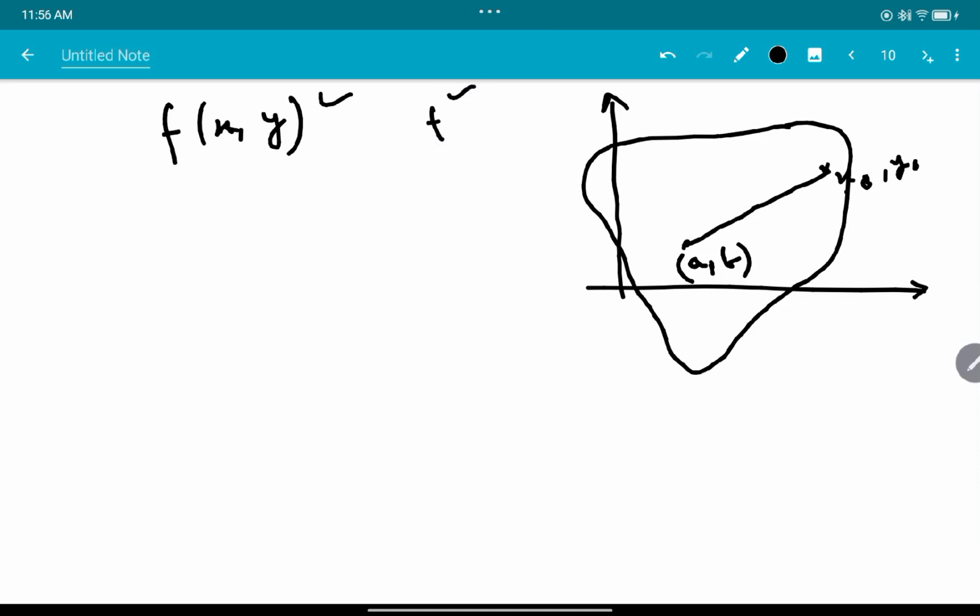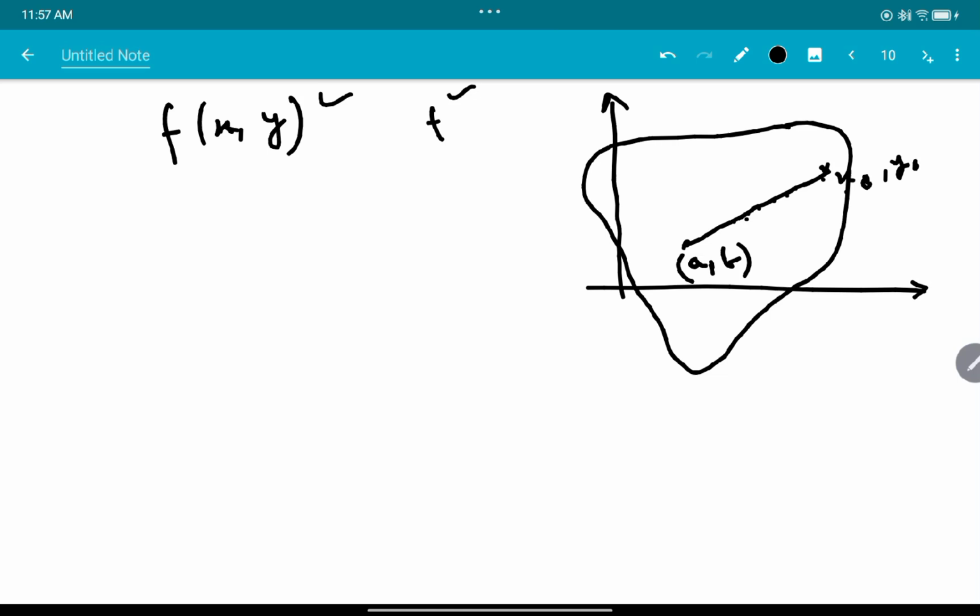This t single-handedly does what x and y together do. What does that mean? Each point on this line is identified by x and y. Now I will define t in such a way that t single-handedly will do the same thing.